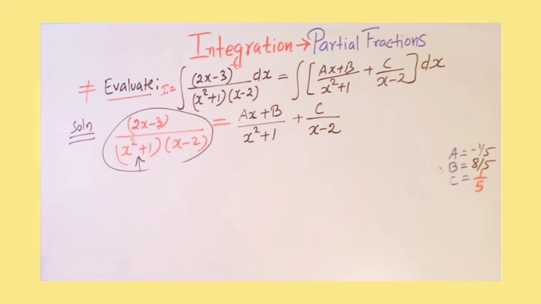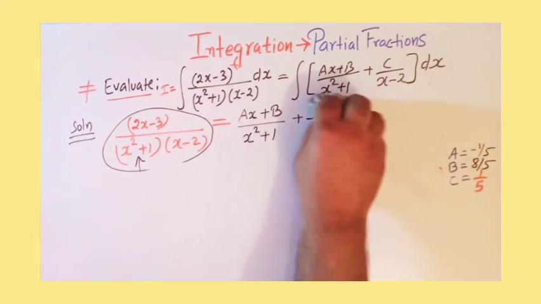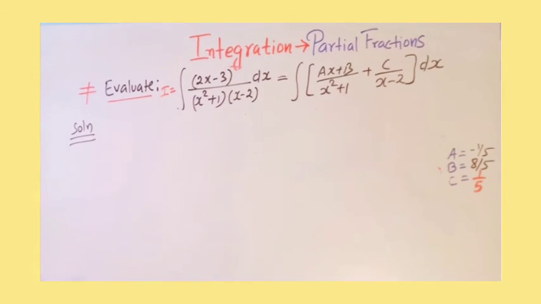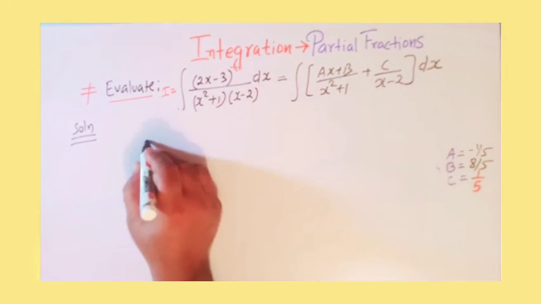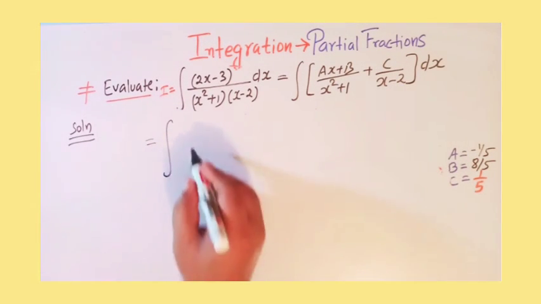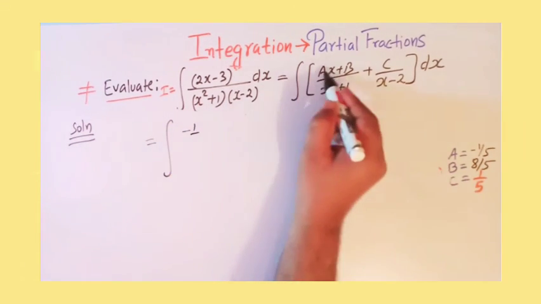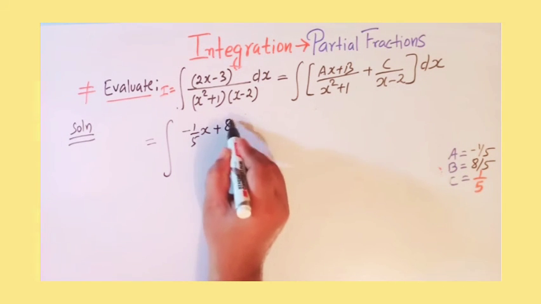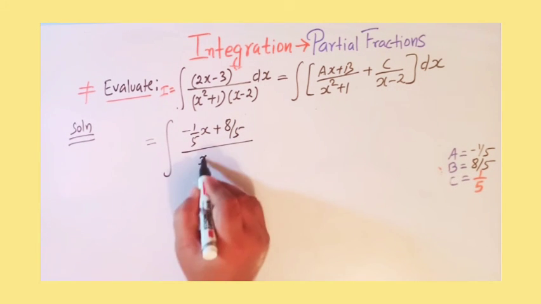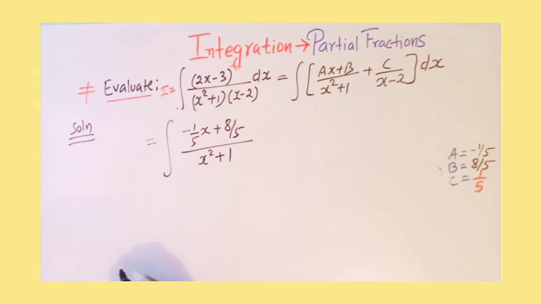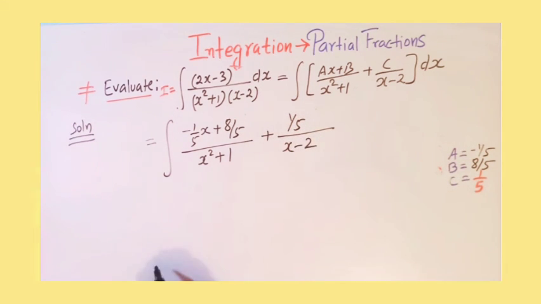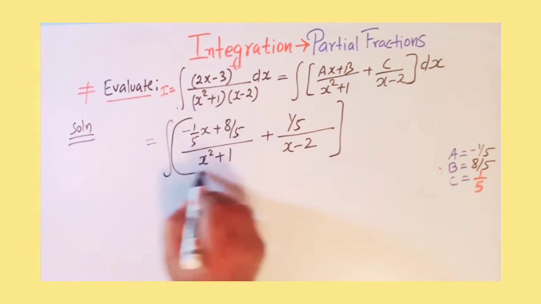Now we will substitute the values of a, b and c here. So what we will get is minus 1 by 5x plus 8 by 5 divided by x square plus 1, and then we have the value of c, 1 by 5, over x minus 2, and here we have dx, right?